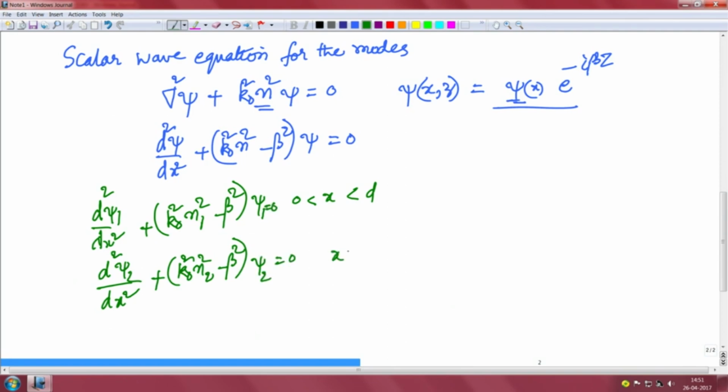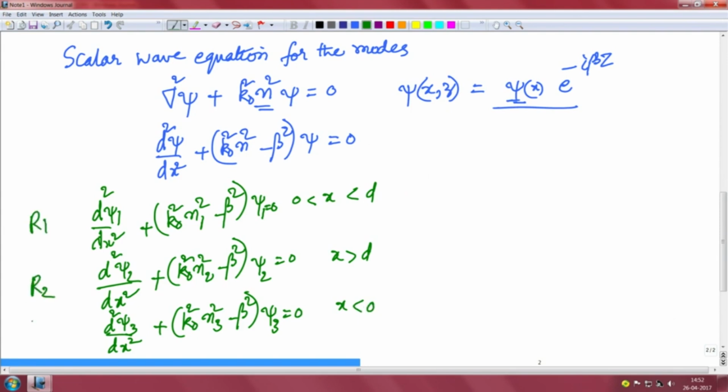And in the cover region for x less than 0, d square psi 3 by dx square plus k0 square n 3 square minus beta square of psi 3 equal to 0. We can also call them region 1, region 2 and region 3.